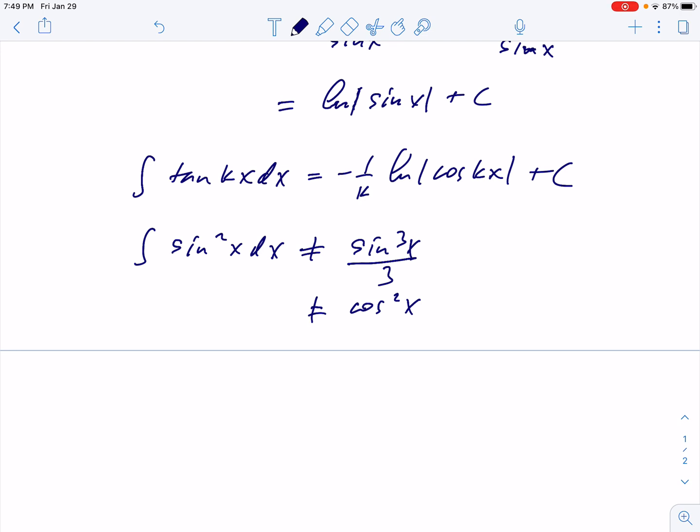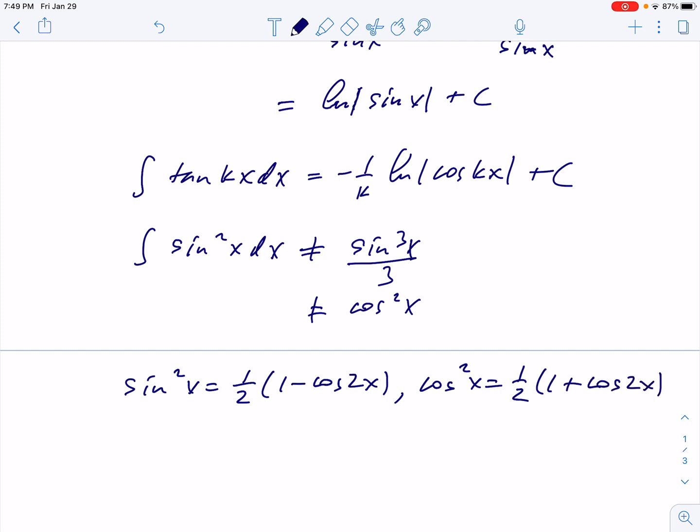Okay, so how to do it correctly? The integration here is very specific. It's based on trigonometric identities. We write sine squared x as 1/2 times (1 minus cosine 2x). It's a special trigonometric identity which is used for such cases. And there is a similar one for the cosine squared. Cosine squared x will be 1/2 times (1 plus cosine 2x).